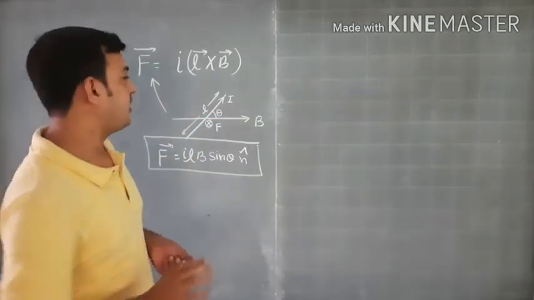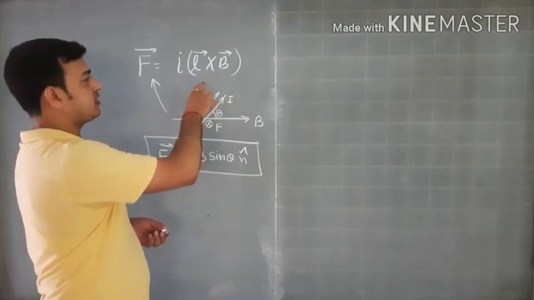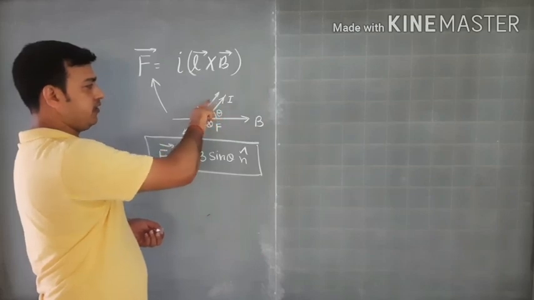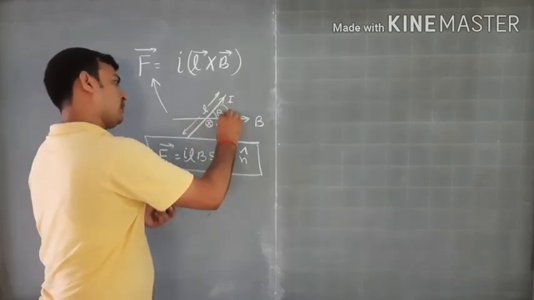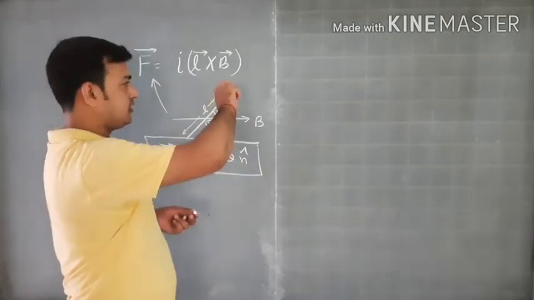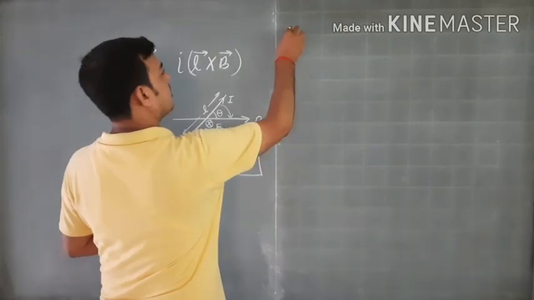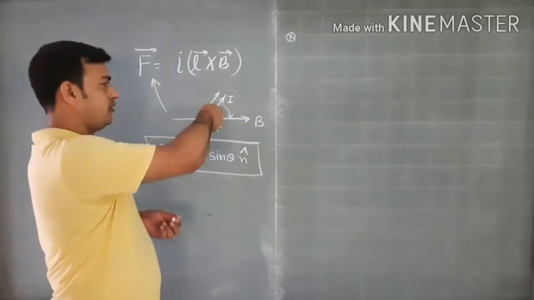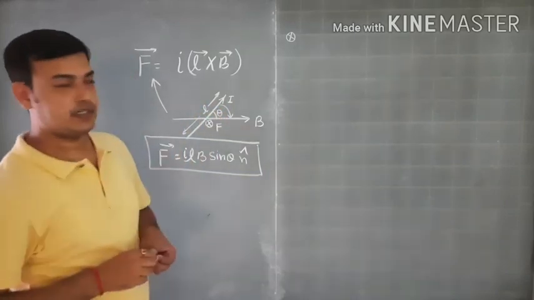Or the simplest way is to rotate your fingers from L to B. If I go like this, it is clockwise, and if it is a clockwise movement, then the direction is into the board. This is Maxwell's screw rule: if you tighten the screw in a clockwise direction, it will go inside.